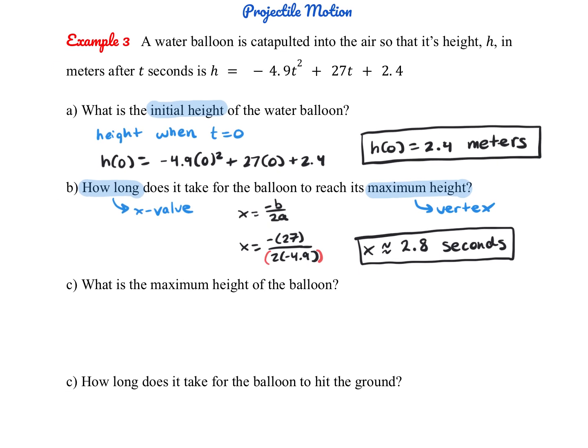All right, next part they ask, what is the maximum height of the balloon? So again, we see that word maximum. We know that that's the vertex, and in this case, they don't want to know how long it takes to get there. They actually want to know what is the maximum height. So here we actually want the y value of the vertex.